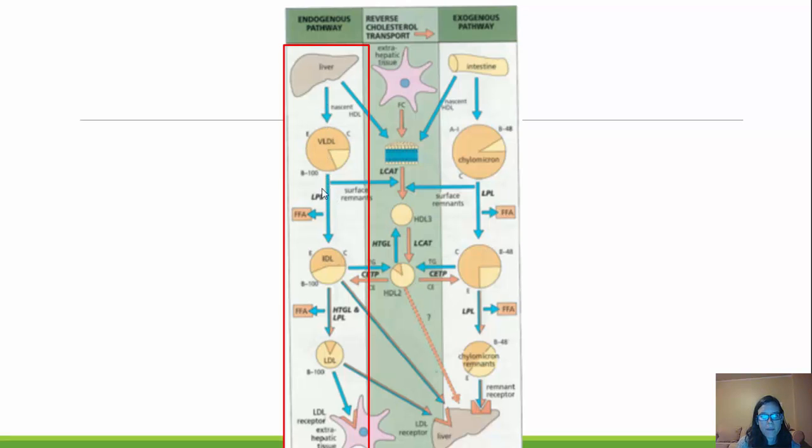Once it undergoes action by lipoprotein lipase, we have our IDL. Then again we have more action of the lipoprotein lipase and removal of free fatty acids to LDL. And then this LDL carries cholesterol to all of our extrahepatic tissues by landing on the LDL receptor.